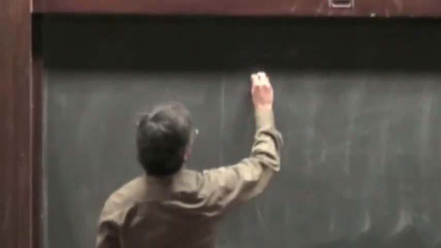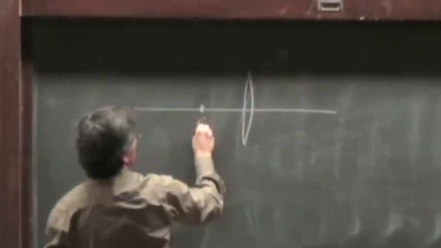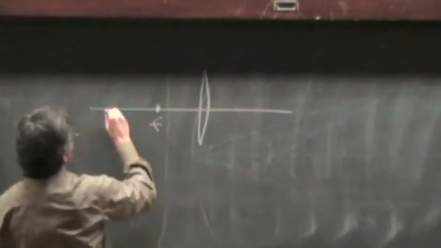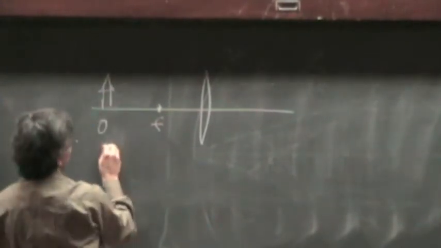Let's start looking at that and how you use the thin lens equation in particular situations. So let's take a converging lens, focal length f, and let's assume that you put your object here at a distance that is 2f.